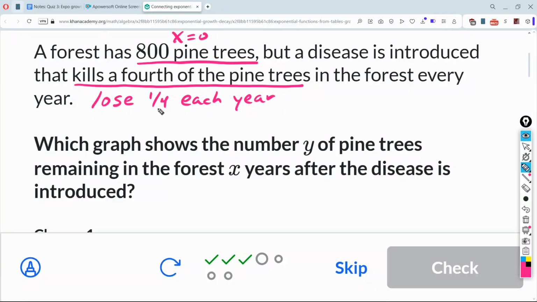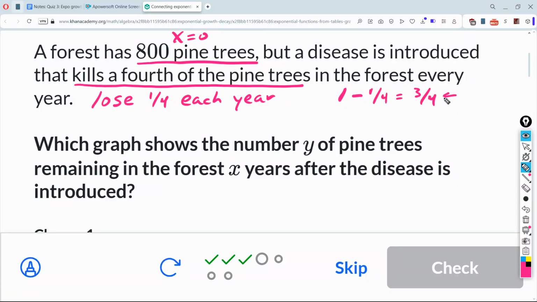So what do we multiply by to make it lose 1/4? Well, if you start with 100%, which is the same as 1, and you subtract 1/4, what's 1 minus 1/4? Well, that's just 3/4.